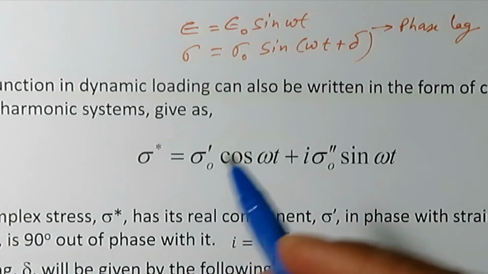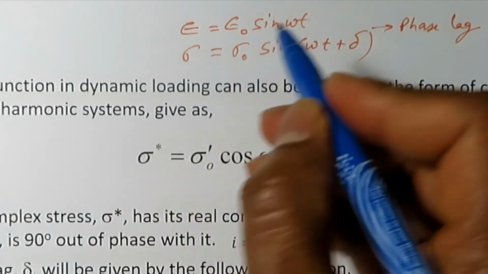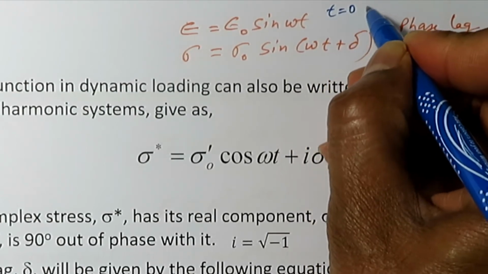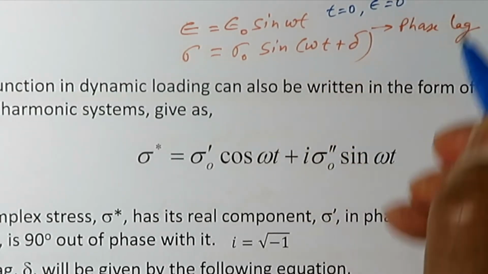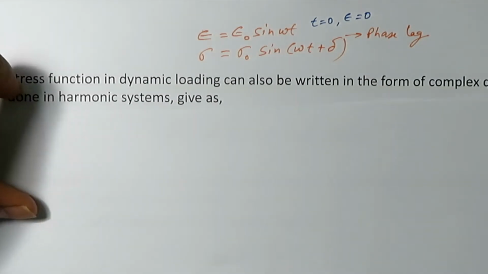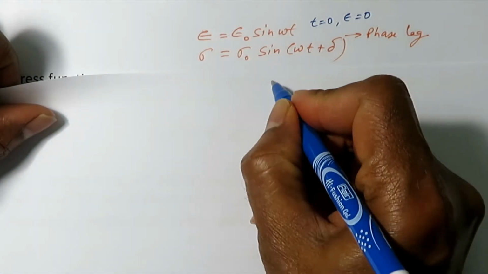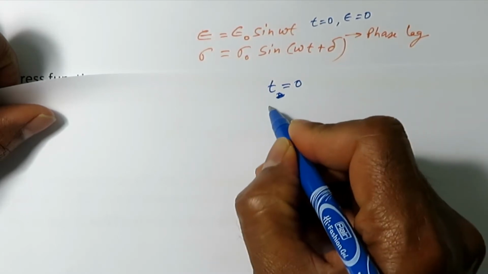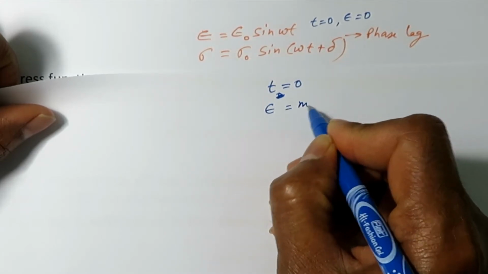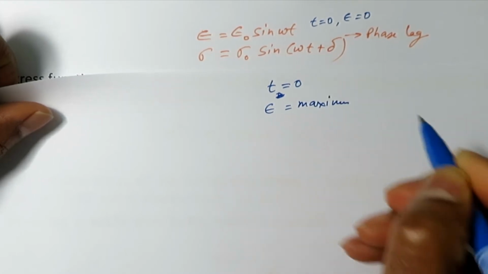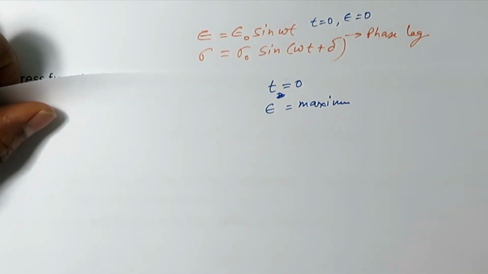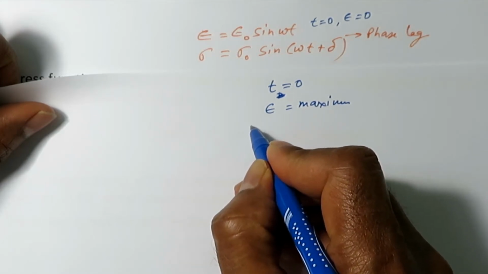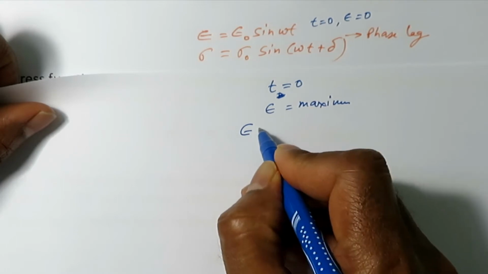so this kind of equation will have, at time t equal to 0, the strain equal to 0. If we want maximum strain at t equal to 0, then in that case we can write the equation for dynamic loading as this.